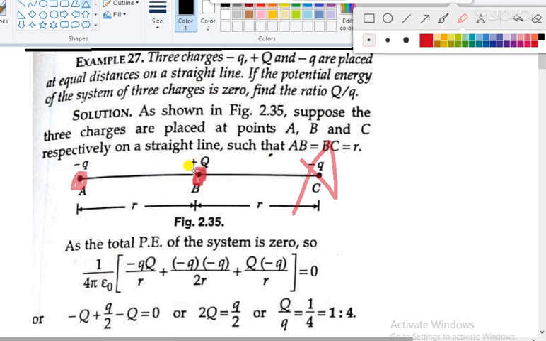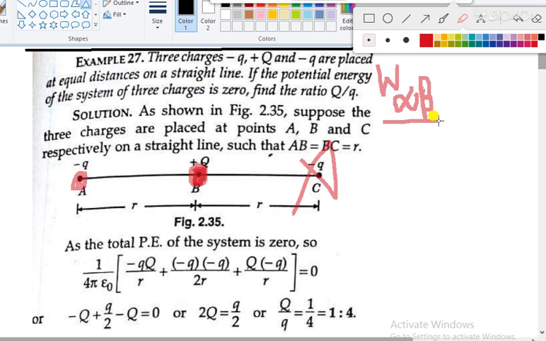When we take this b charge from infinity, its initial potential is 0, because it is at infinity. So I can write here the work done by moving charge b from infinity to point b.